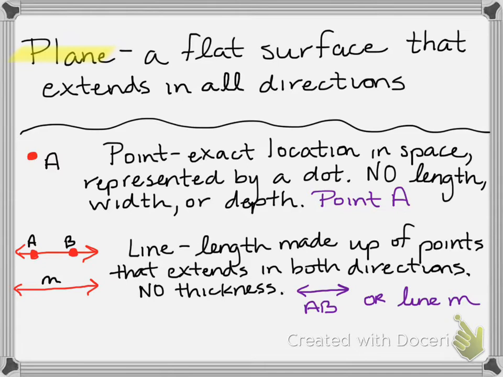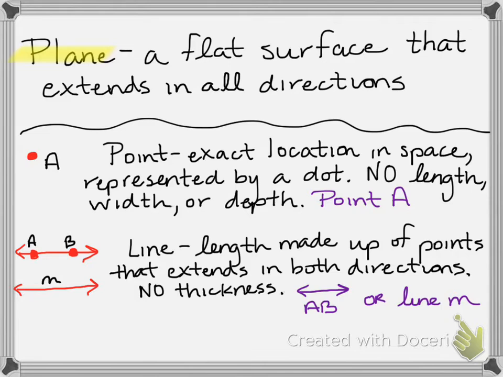Once we have our plane, then we can put things on the plane. All of the other definitions we're going to talk about are drawn on a plane. This whiteboard that I have here, you could consider a plane if it extended in all directions forever and ever, and I have drawn things on the plane. A good way to think about a plane is a piece of paper.